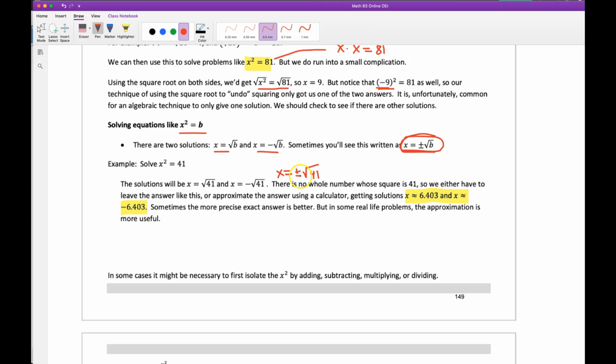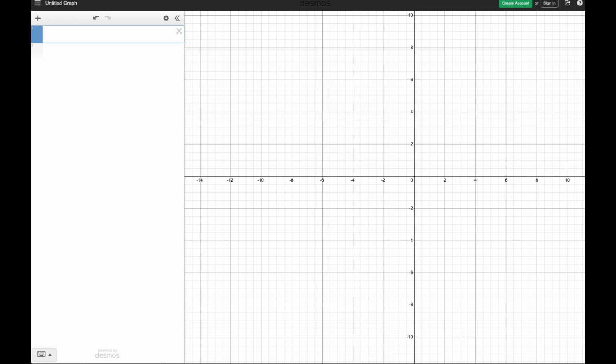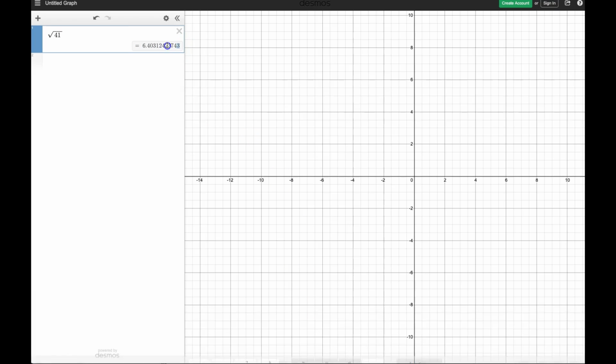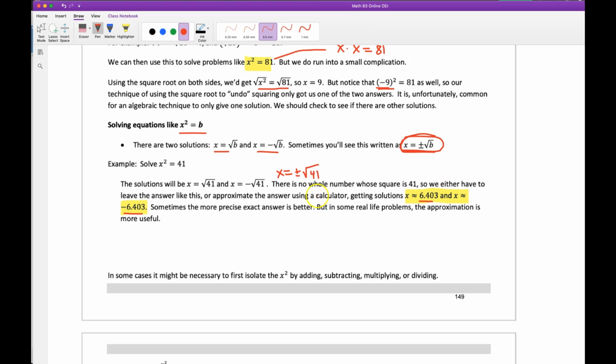You can leave the answer that way, unless you need the decimal version. And so then you end up with those two answers there. To get those answers, you need a calculator, decimals I suggest. And then you could go ahead and put in square root of 41. And notice there's your answer right there, 6.403, which is what we had right here.